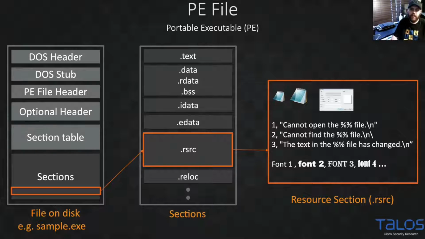But I wanted to specifically point out the resource section, or .rsrc. These are typically used to store the different resources that the PE file will attempt to leverage, so icons, fonts, things like that. But one of the things we see on a regular basis is that malware authors will often hide some of their malicious code inside the resource section of the executable itself.